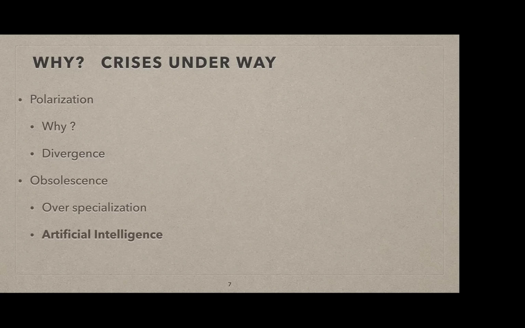The second thing is, and this is kind of the same thing as divergence, but it's over-specialization. We're now in a society that's so complex that if you take out a couple of key specialists, our ability to run our complex economy falls apart. Just like if you take out a couple of our key industries, our economy falls apart.